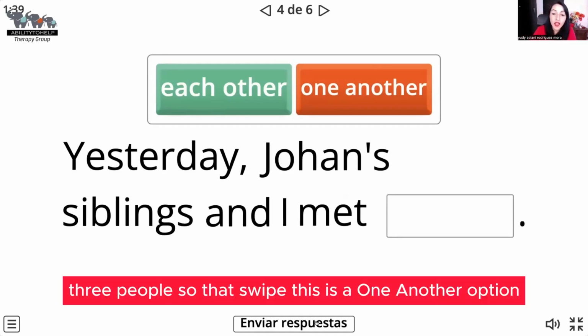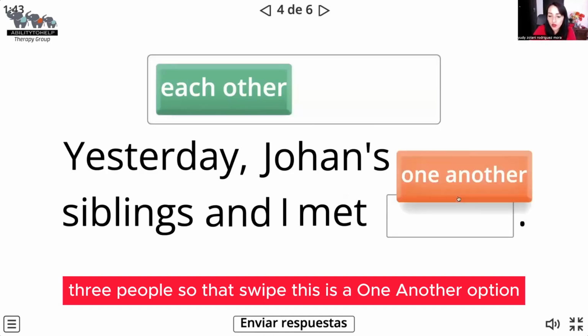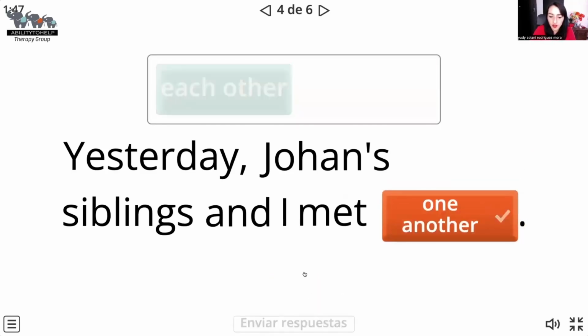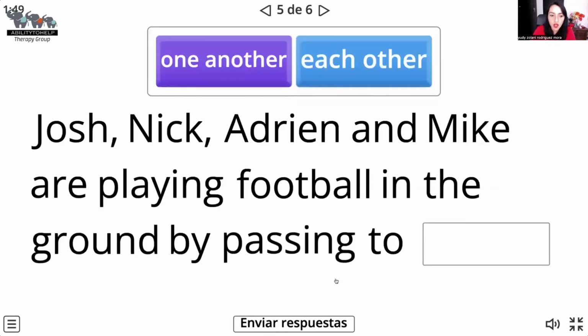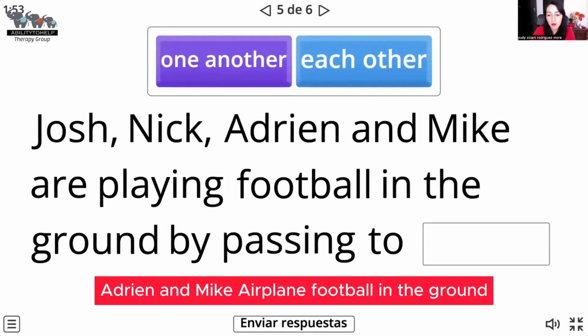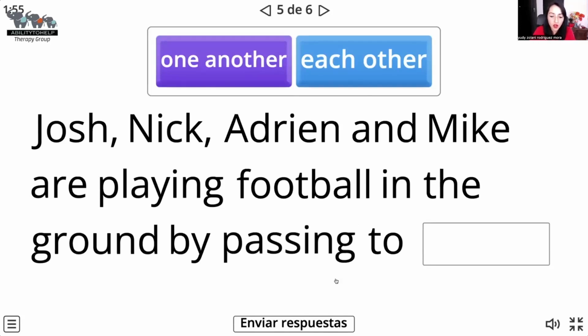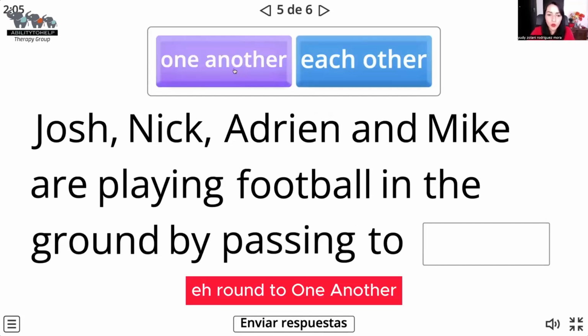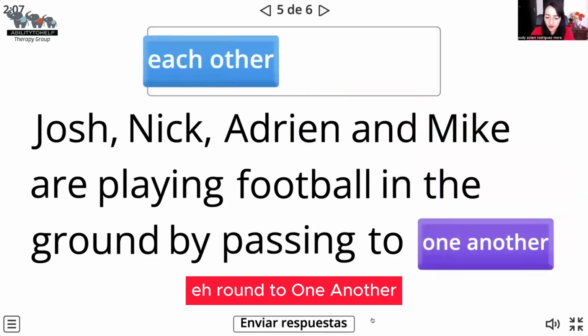So that's why this is a one another option here. John, Nick, Adrienne, and Mike are playing football in the ground. They are playing football, and the ball rolled to one another.